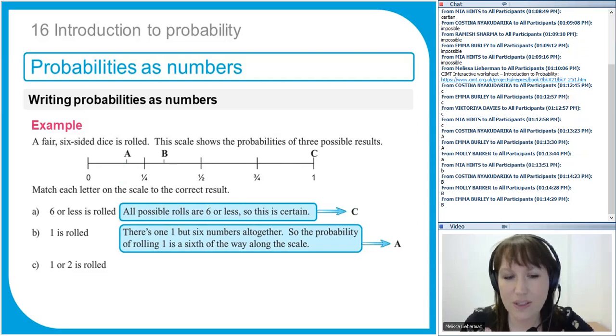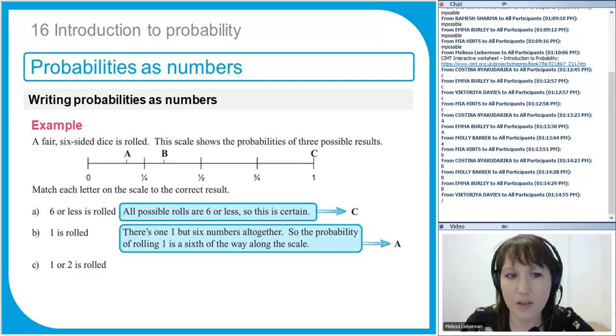So 2 numbers out of 6 numbers possible altogether. Told you it worked a lot like fractions. That would be about a third of the way along the line. So that's 2/6, which is the same as 1/3. This is about double the distance. We've got this distance here, that's 1/6, and then this would be 2/6 here. So 2/6 along the line.